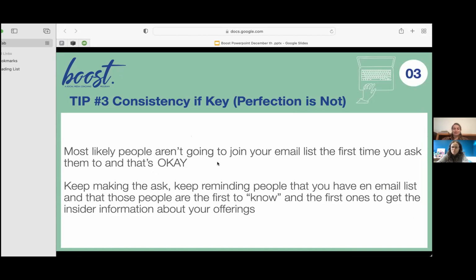So my third tip that I wanted to share is that consistency is key and perfection is not. So with an email list, or even just thinking generally about moving people up your engagement ladder, it's not going to be a straight line up.